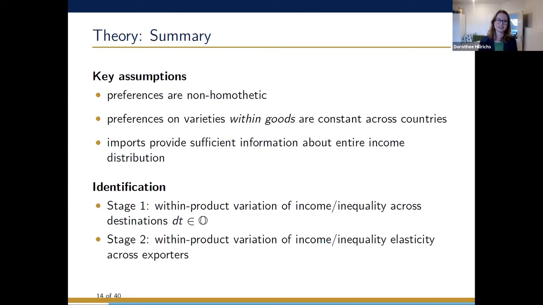And critical is also that imports provide sufficient information about the income distribution. So we need to assume that everyone across the income distribution will at some point, within those 3 years that we always look at, consume some imported goods.